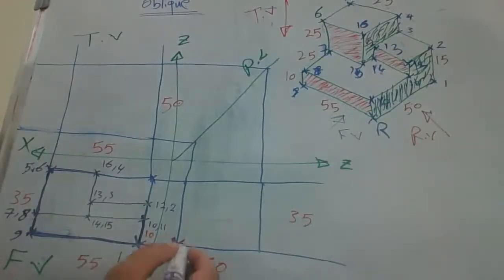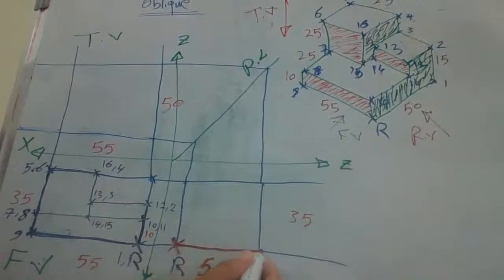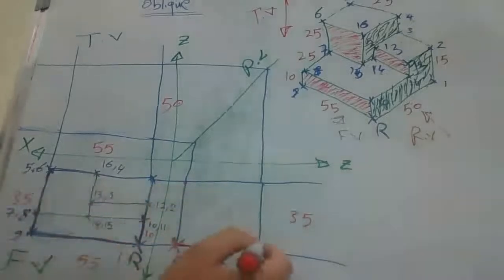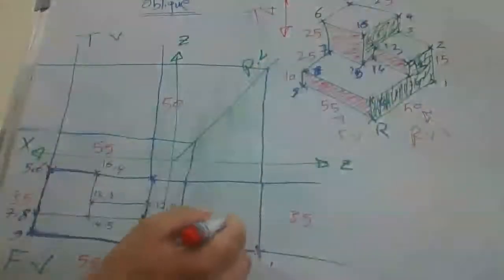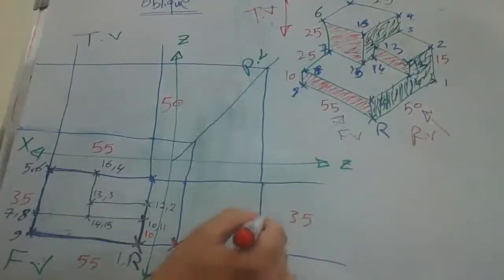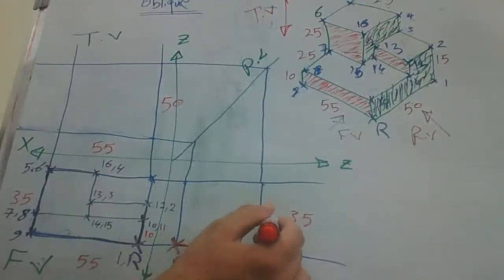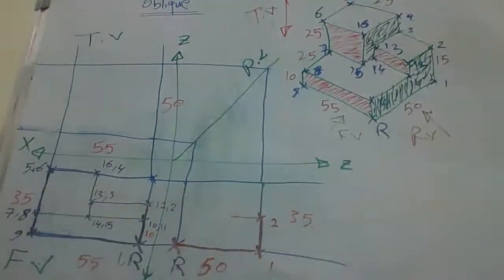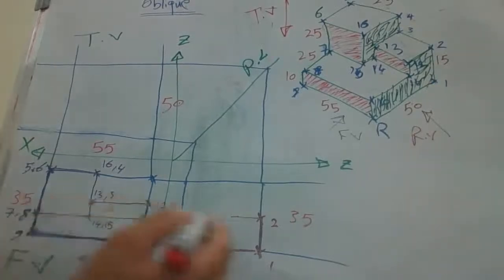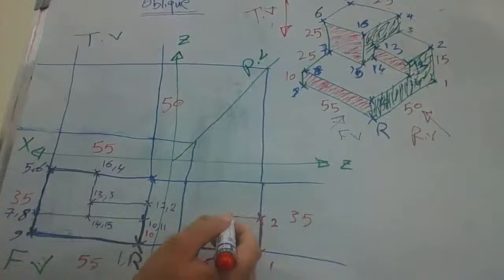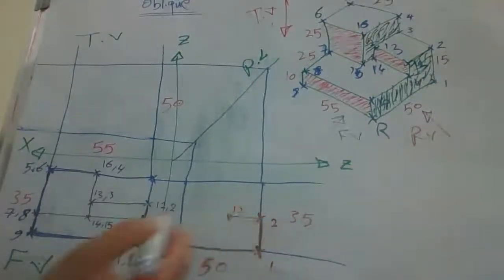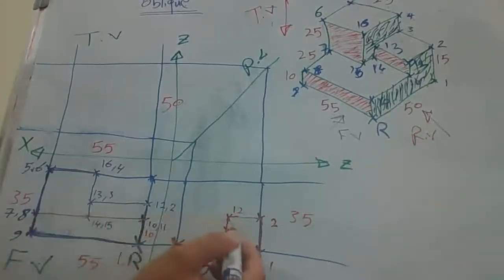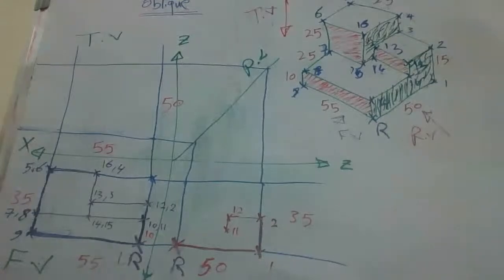R21 is the total length, R21, 50 millimeter. 1 to 2 is 15. 2 to 12 is 20. 12 to 11 is 5.